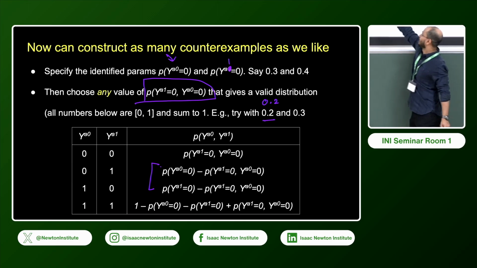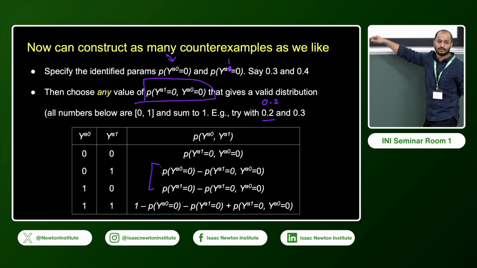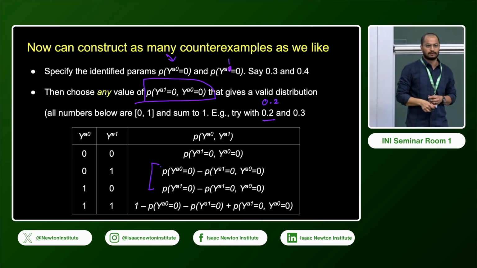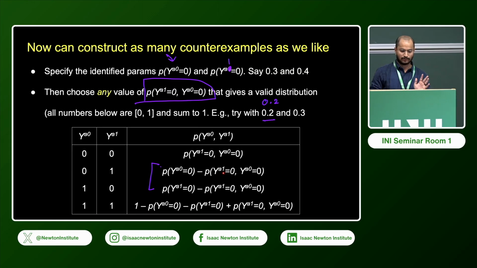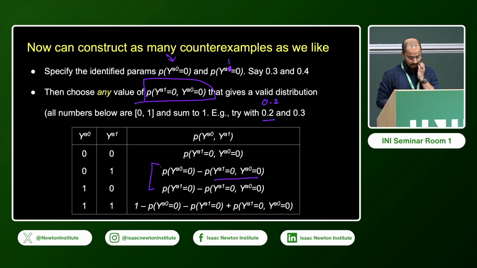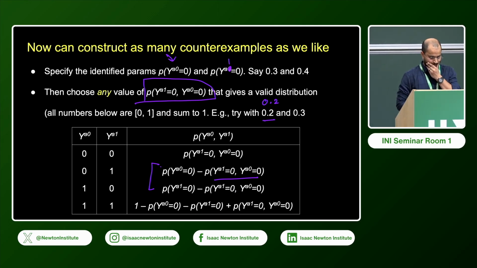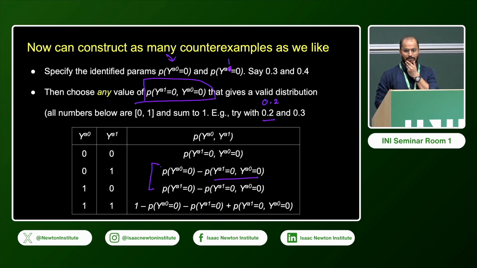So once I specify these two, it does restrict the values that I can pick for the joint, otherwise I get an invalid probability. So if I, for example, pick this to be 0.5, 0.3 minus 0.5 would be negative 0.2, so I end up with an invalid probability. But literally any value that gives you a valid probability distribution. All right, I'll pause there for questions.